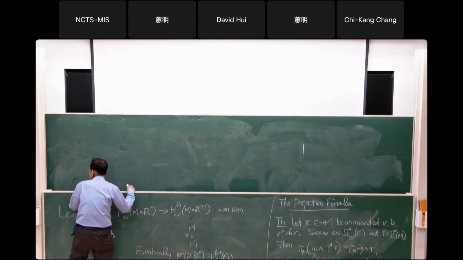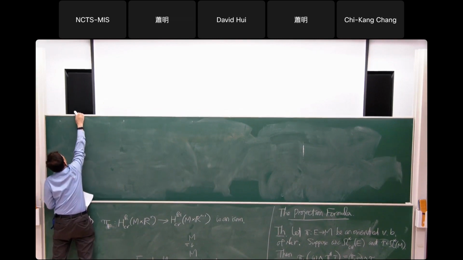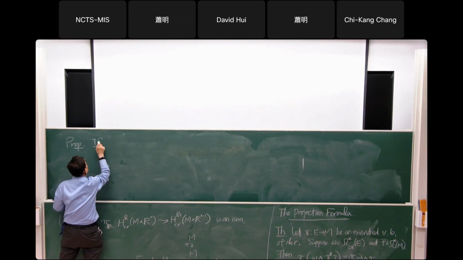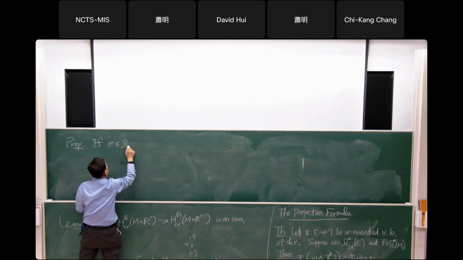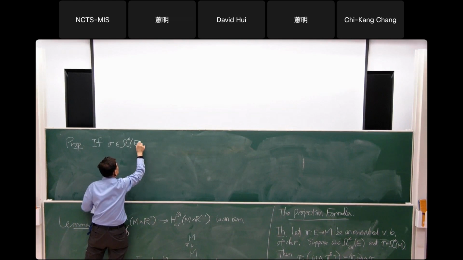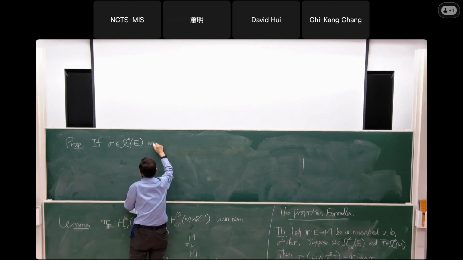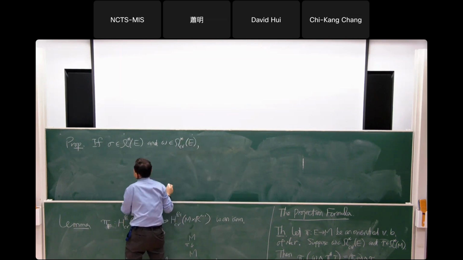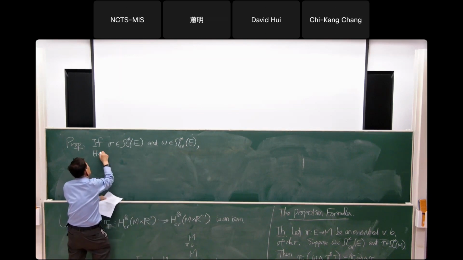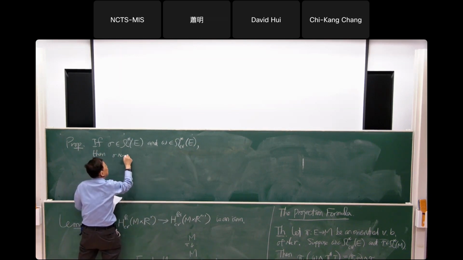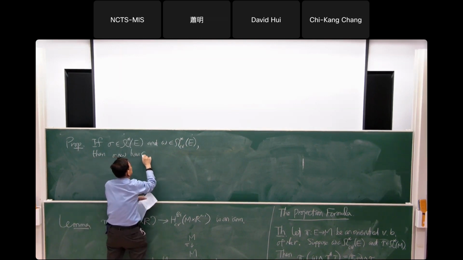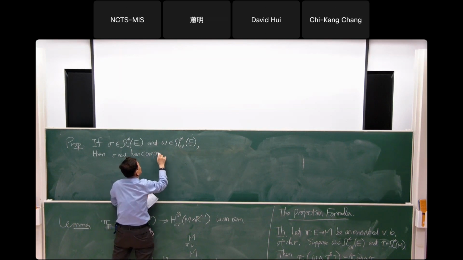Proposition. If sigma has arbitrary support on E and omega has compact vertical support, then the wedge product has compact vertical support.